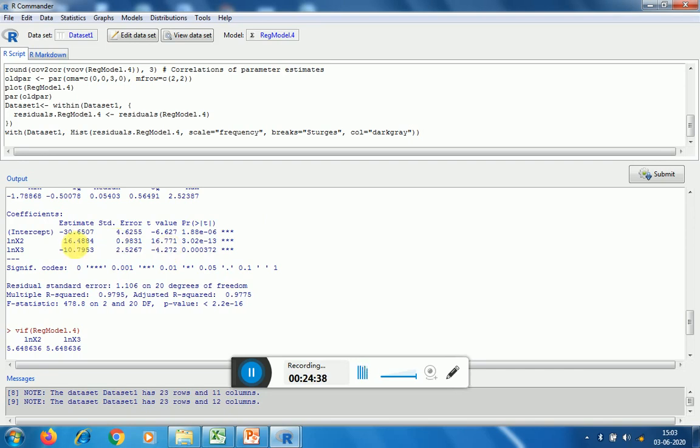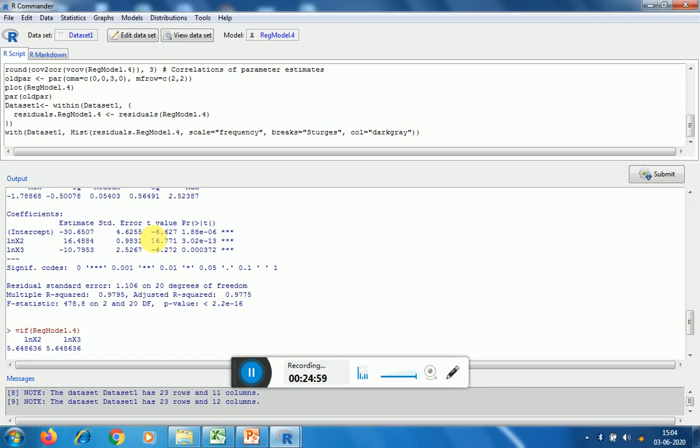Now how can we interpret this? We can say that a 1% change in x2 leads to 0.16, because we need to divide this by 100, so 0.16 unit change in the y value, right?